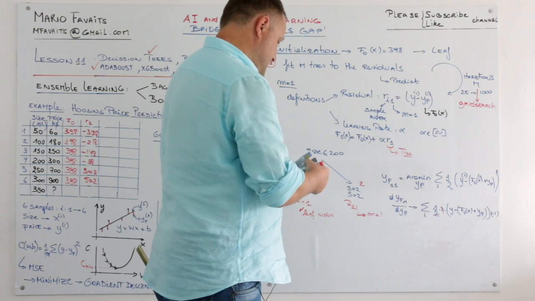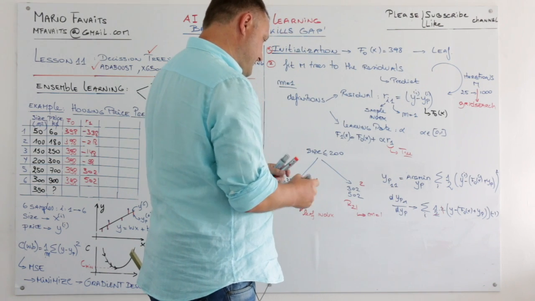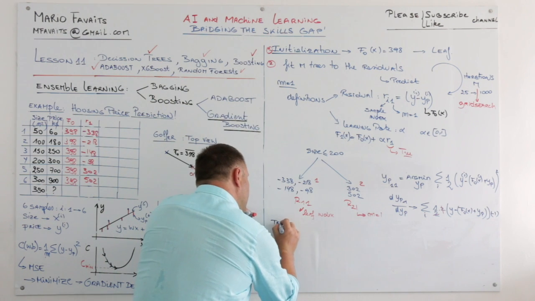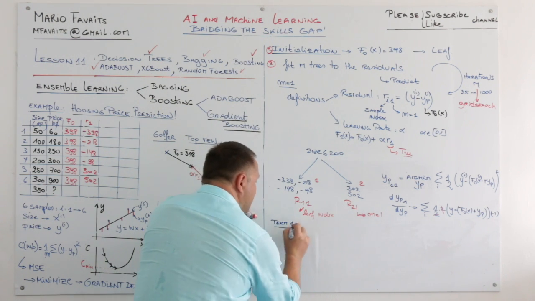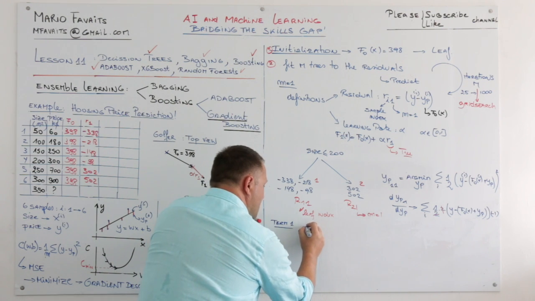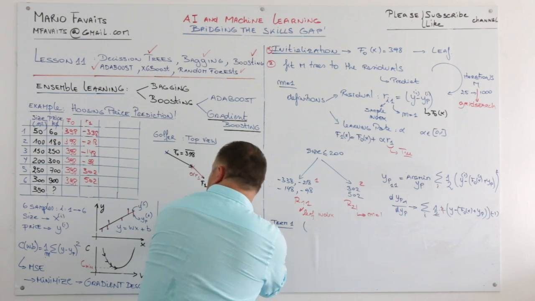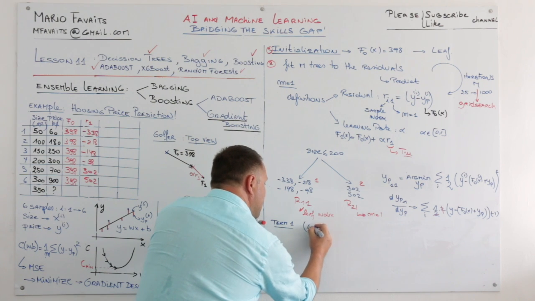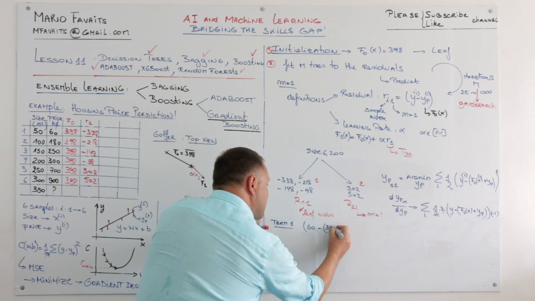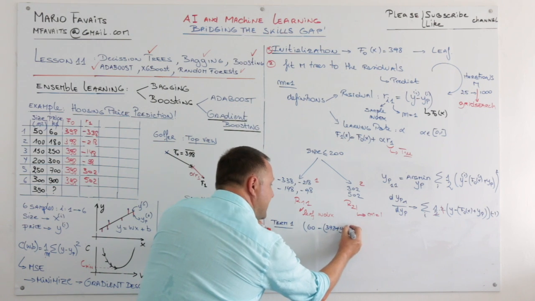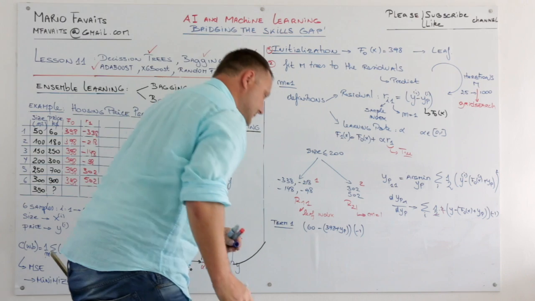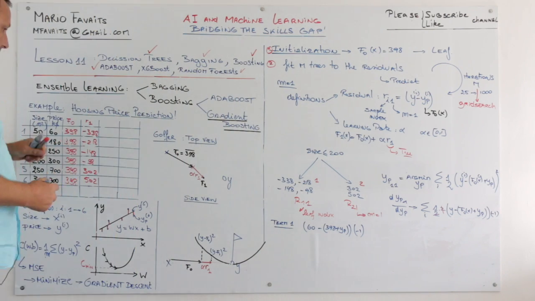So let's look at the first term. There are 4 terms here. This is the sum over i. We have y1 is 60 minus, and then f0 is 398 plus y-predict, and then times minus 1. That's the first term.